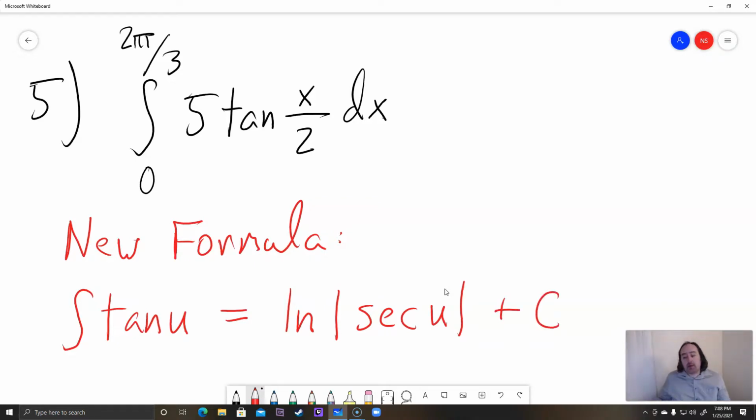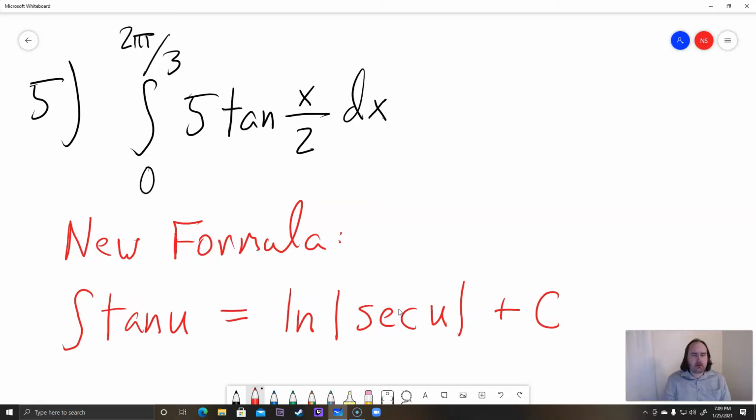I'm not going to prove this, but you could go through the steps. You would write tangent as sine over cosine, let u equal cosine, do u substitution, integrate, and you're going to wind up with this formula. But we're just going to use the formula because you'll be allowed to have it when you're taking the test or your quizzes and your homework.